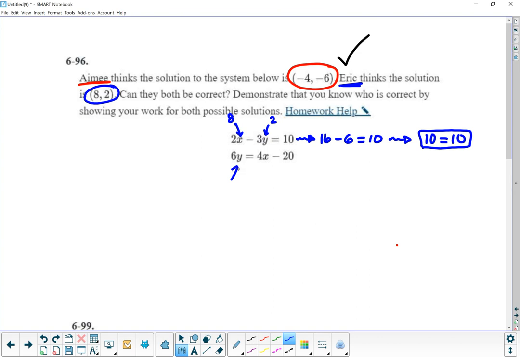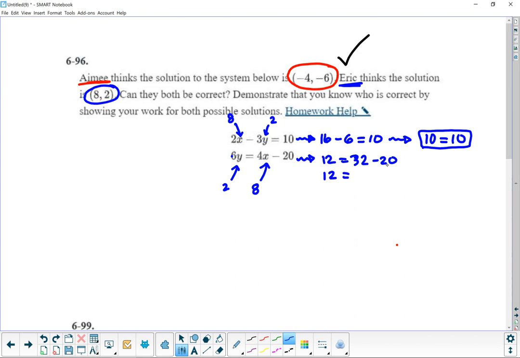Sorry, y is 2. So we're going to put 2 right here, and we're going to put 8 right here. Okay, and we're going to go ahead and copy that down. 6 times 2 is 12 equals 8 times 4 is 32 minus 20, right?